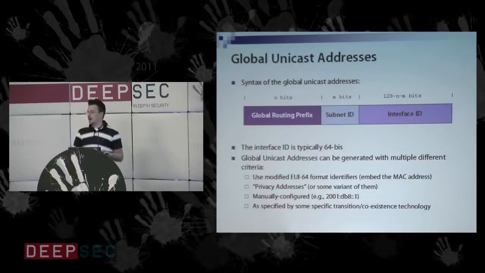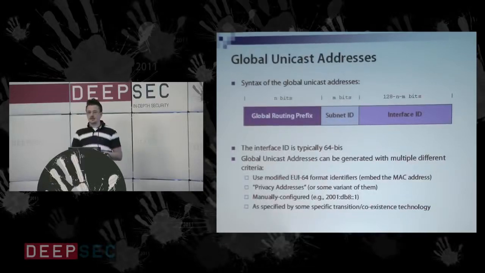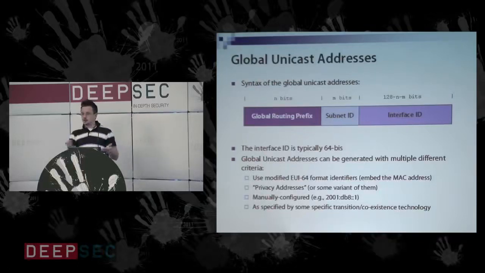EUI-64 identifiers, which put in English means that you basically take the MAC address of your network interface card and put that address in the interface ID with just flipping a few bits. Basically, you put the MAC address in the interface ID. There are other ways to select the interface ID.